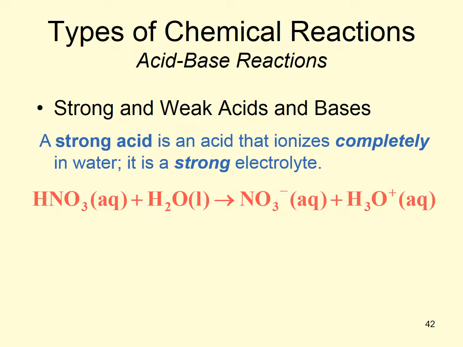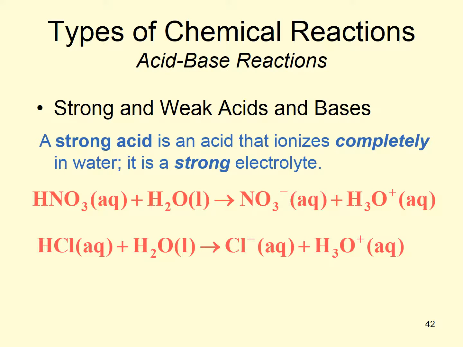And so, HNO3 is a strong acid. When it's put into water, it becomes H3O plus and NO3 negative, 100%. Notice that the arrow is in one direction, and so we consider HNO3 a strong acid. HCl is another strong acid because it completely dissociates into the H plus or H3O plus and the Cl negative.